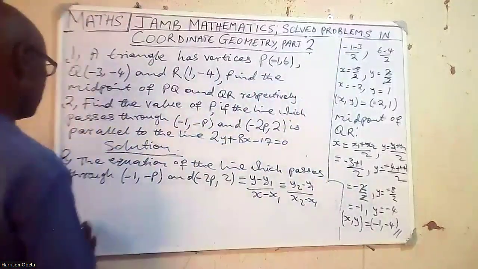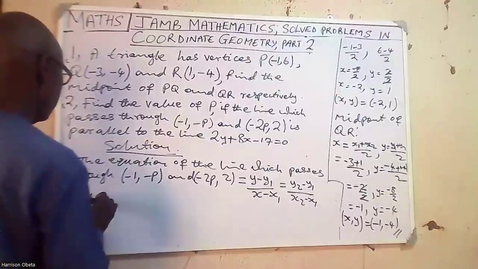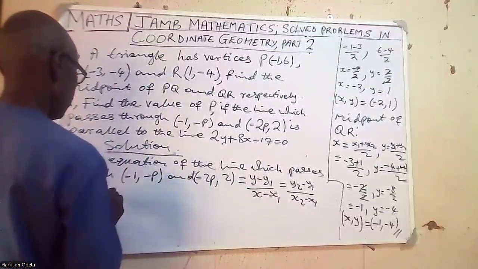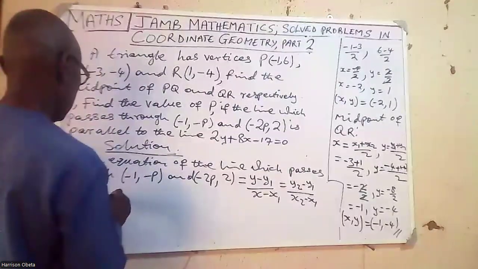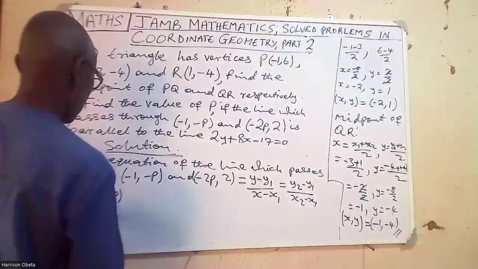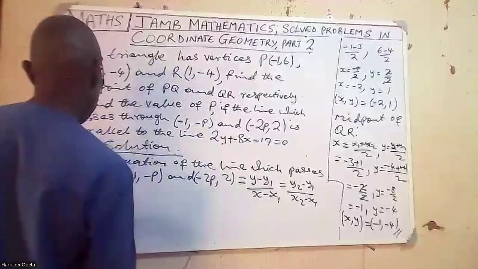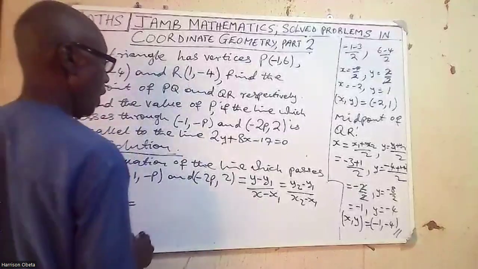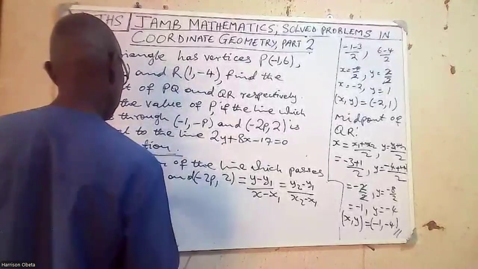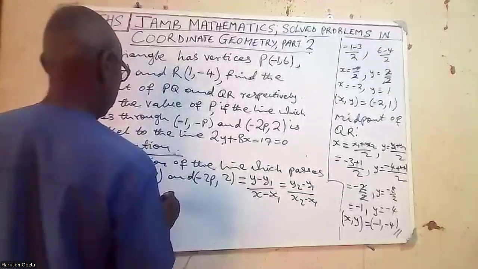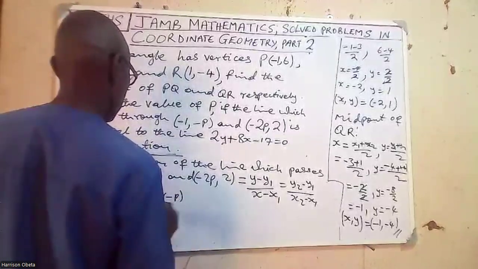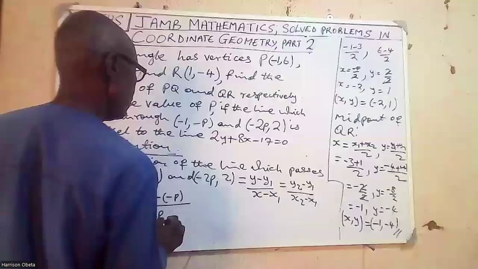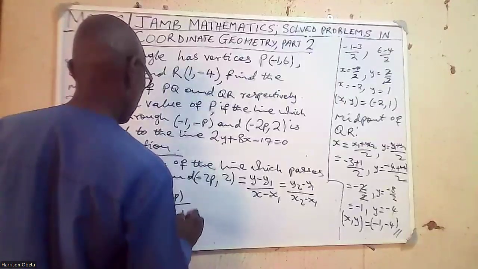Now, that leads us to y minus our y1, which here is minus p, all over x minus our x1, which is minus 1, equal to y2, which is 2, minus y1, minus bracket minus p, all over x2, minus 2p, minus bracket minus 1.